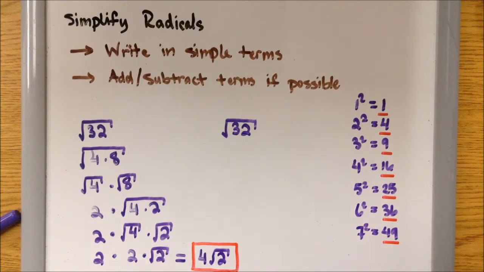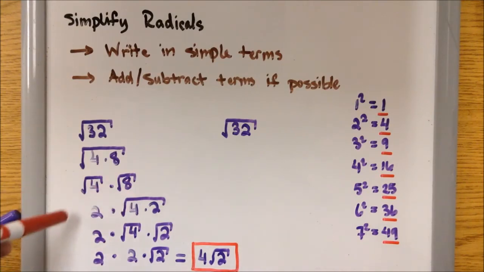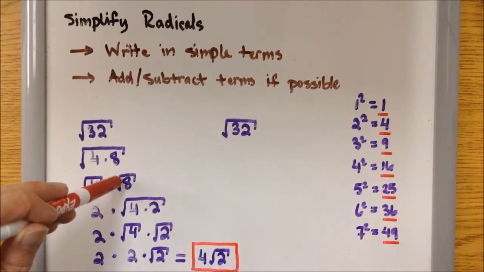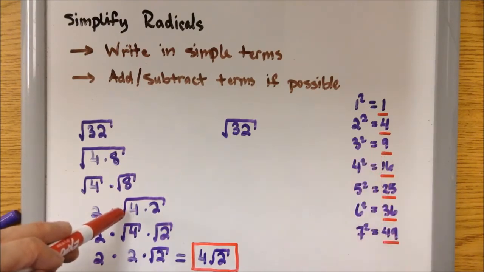So to review, we broke up the 32 into 2 factors, 4 times 8. Then I split it into 2 radicals, 2 square roots. So square root of 4 times square root of 8. I was able to simplify square root of 4, which is 2. And then here, square root of 8, we can continue to break it down into 2 factors because 4 can be a factor.